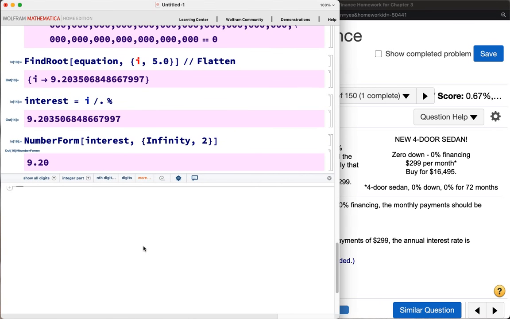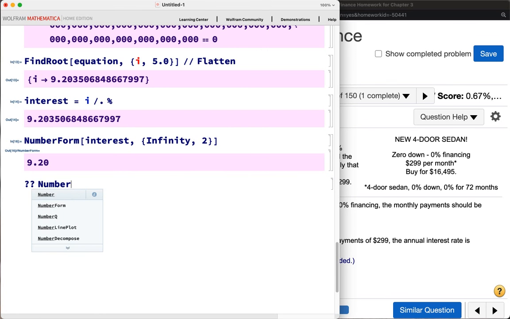If you're not sure how to use a command in Mathematica, this is one option that you have. For example, let's say I have questions about this NumberForm function. Type 2 question marks, type the name of the command, Shift Enter.